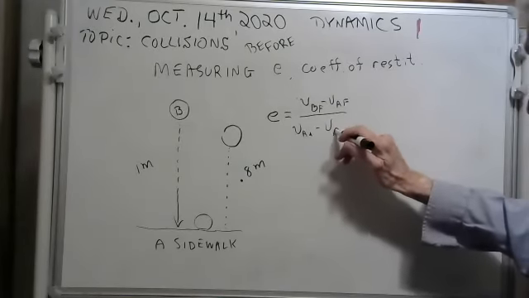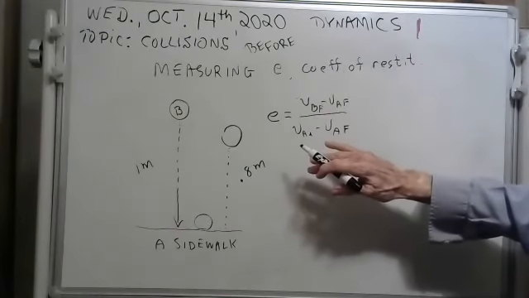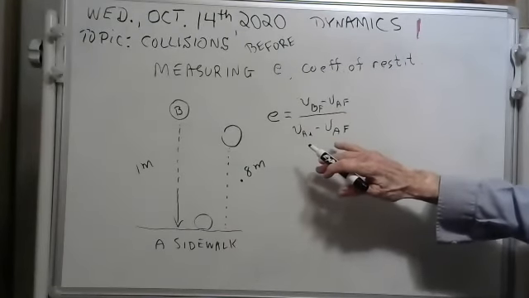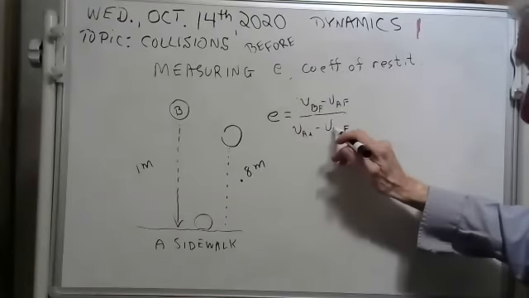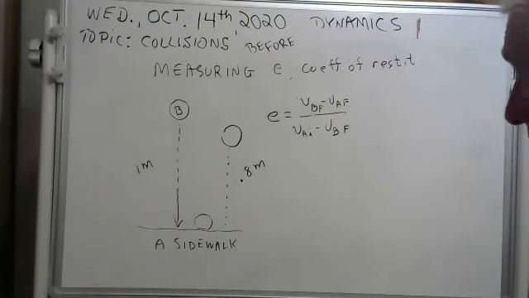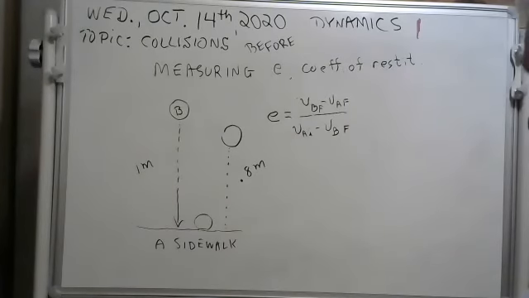I'll get this right in a minute. B minus A minus B. Yeah, here we go. Okay, I think that's the correct equation.